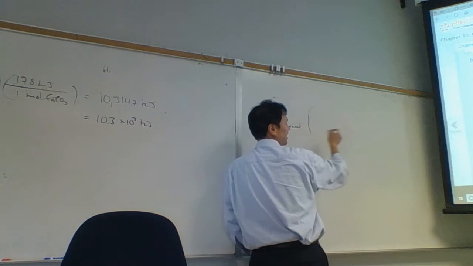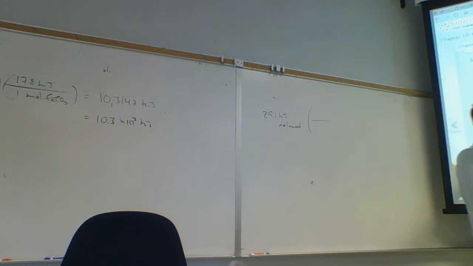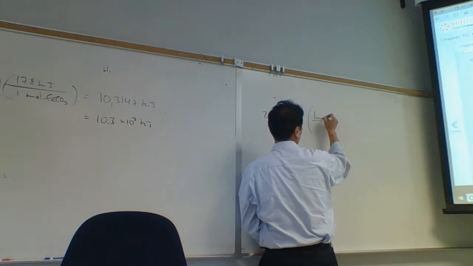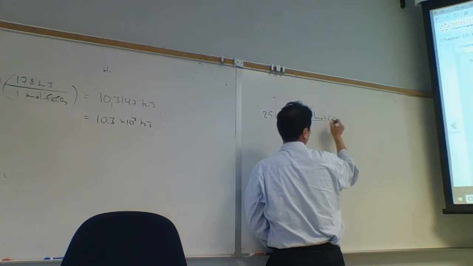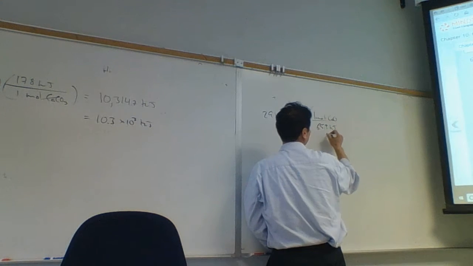And then we see, what mass of quicklime was processed? Quicklime is this or this? It's this, calcium oxide. And so we'll see that there's 1 mole of calcium oxide, quicklime, produced for every 65.3 kilojoules of energy released.